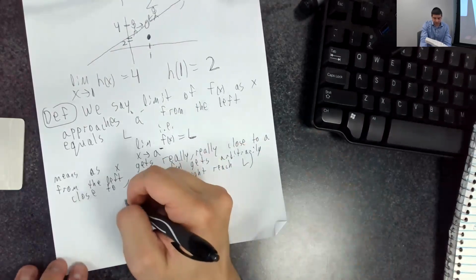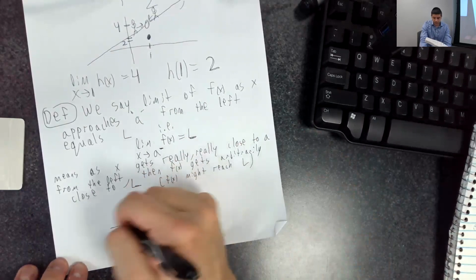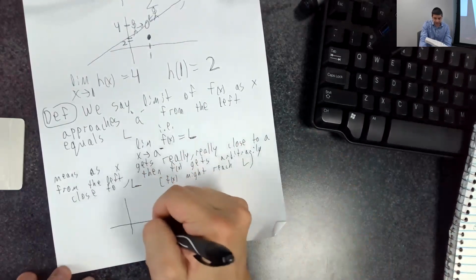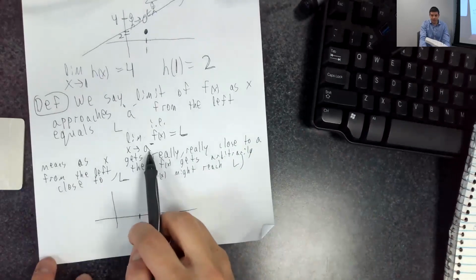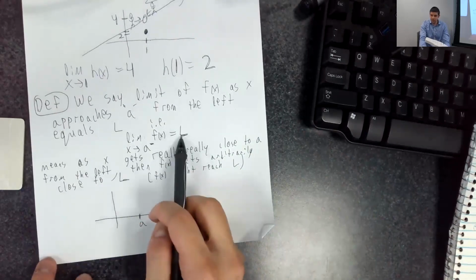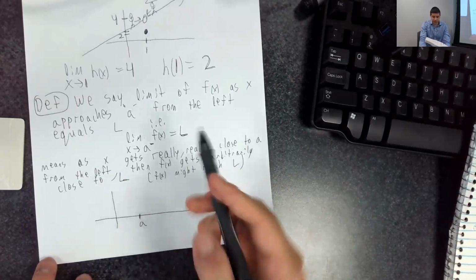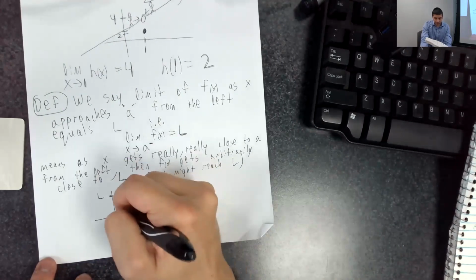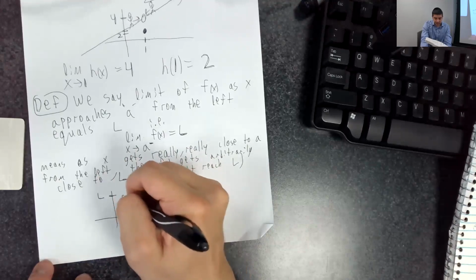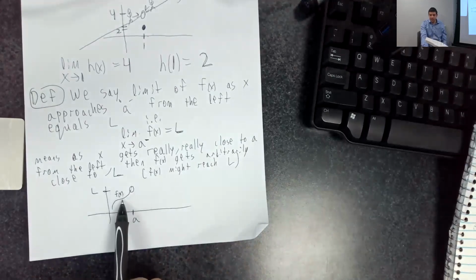Okay, so here's a little picture. What this looks like is here's a. The bottom thing here is the x value. The thing to the right of the equals is the y value, L. As x gets closer to a, the y values, f of x, are approaching L. They get super close.